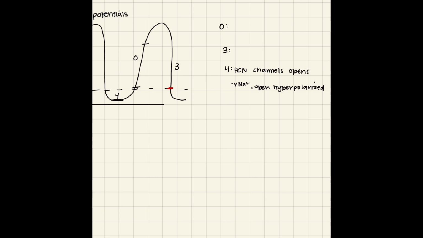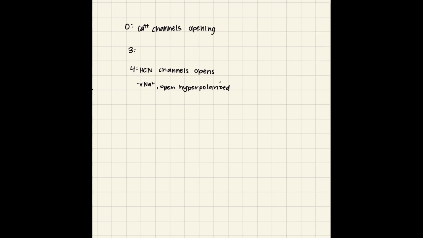Once we hit threshold, phase 0 is caused by voltage-gated calcium channels opening. There are two types of calcium channels: T-type and L-type.